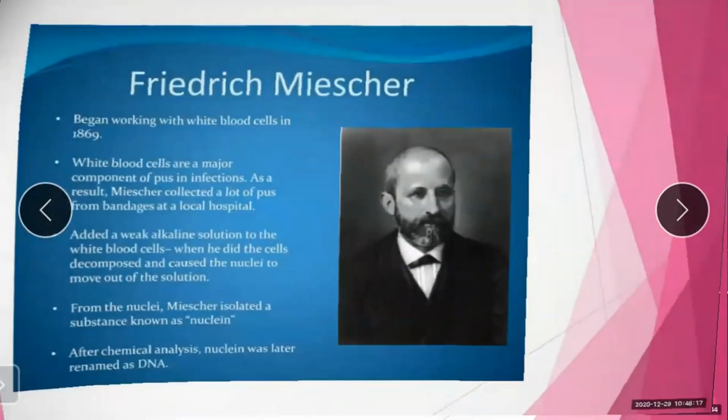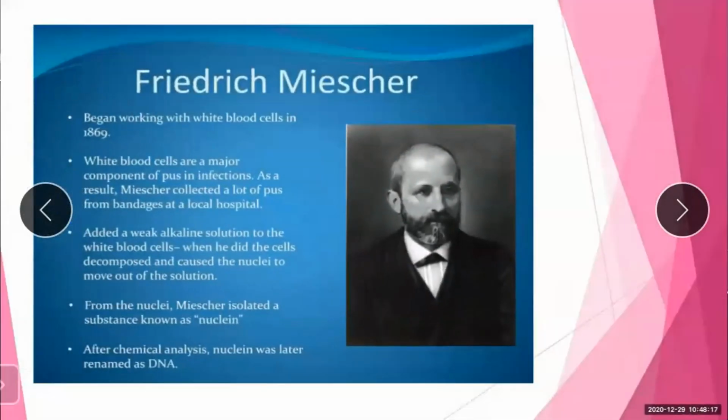Frederick Miescher began working with white blood cells in 1869. White blood cells are a major component of pus in infections.